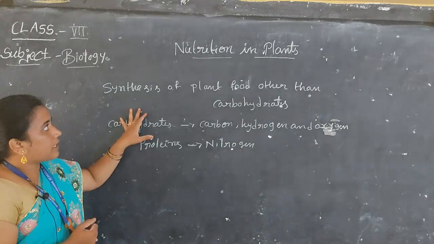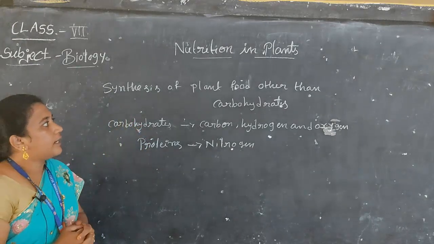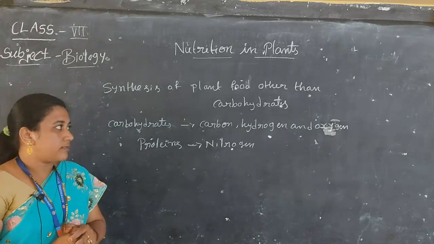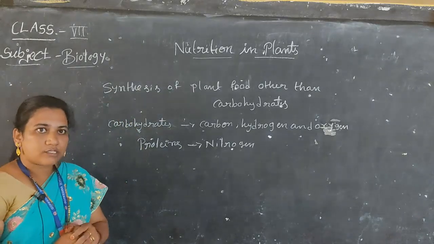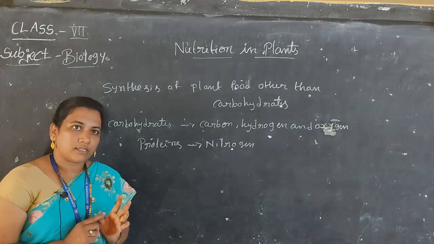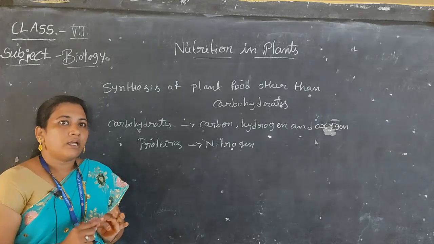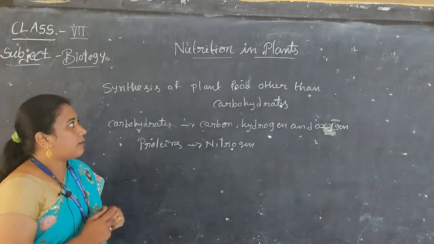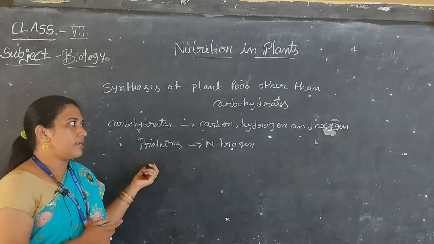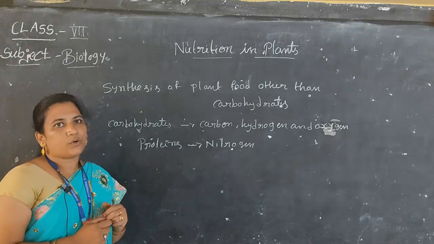So for nutrition in plants, we need to learn about these different types of nutrients. In photosynthesis, what is meant by photosynthesis? What are the essential requirements of photosynthesis? Not only carbohydrates are prepared from photosynthesis; along with that, some plants like pulses prepare proteins also.